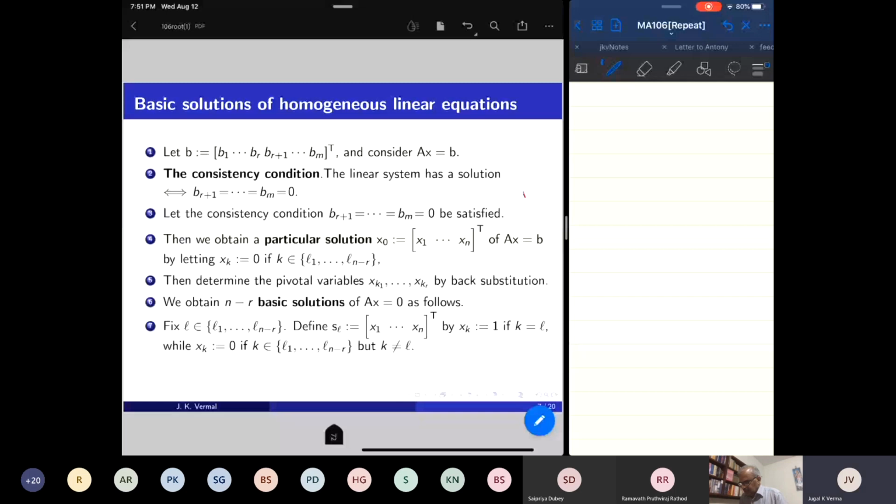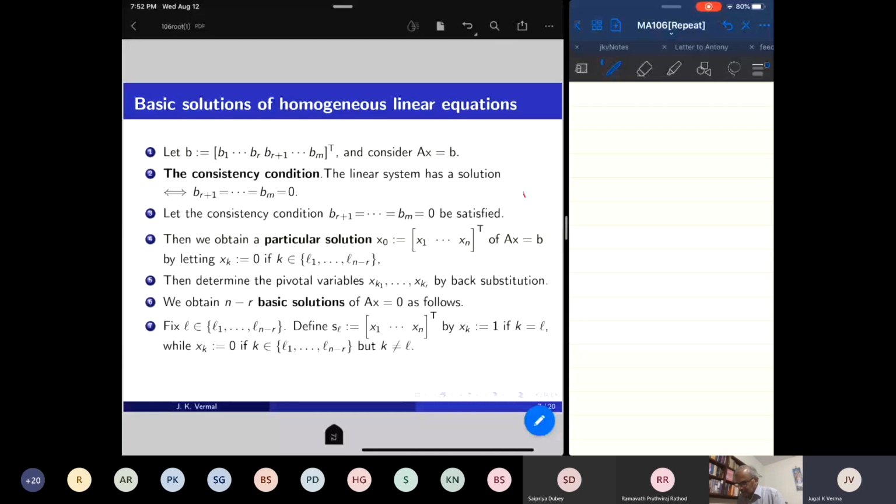Then we determine the values of the pivotal variables, which are determined in terms of the values of the non-pivotal variables. So among the non-pivotal variables xl1, xl2, ..., xl(n-r), we give value 1 to one of them, and the other variables are given value 0. Then we find these solutions called SL.